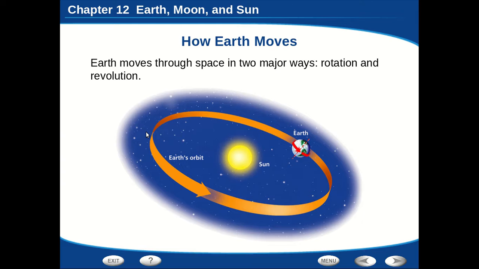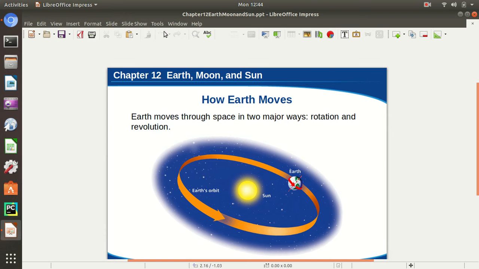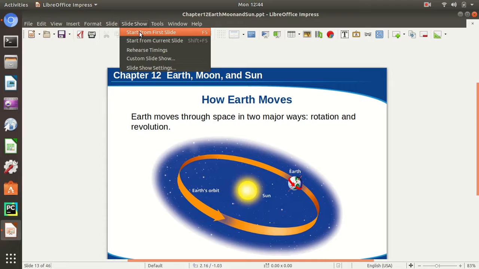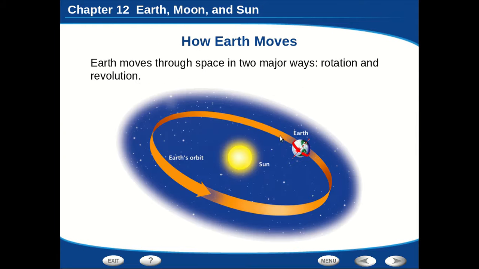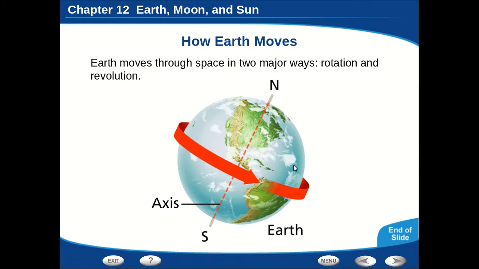And again, we're not worried about start and finish days. And rotation is that day. It's that 24 hours, right? It's that shorter time. So we spin once on our axis every day, and we go around the sun once a year.